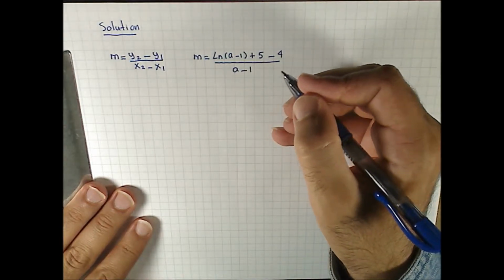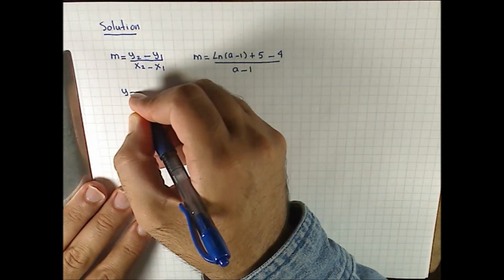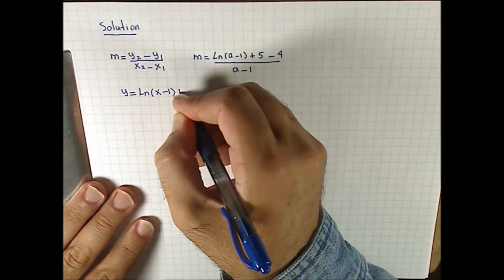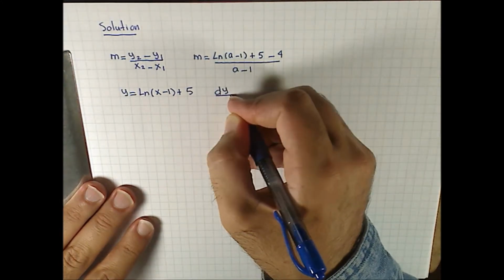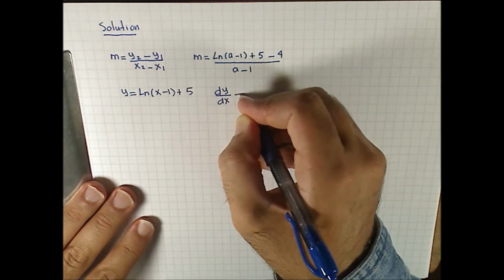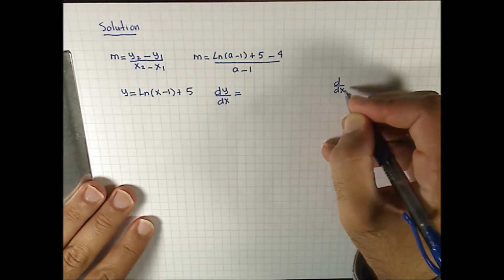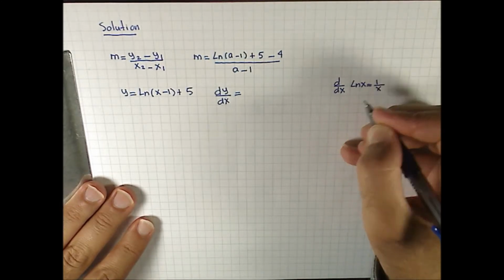Okay, now let's take the derivative of the function, which is y equals log of x minus 1 plus 5. dy dx is equal to, derivative of log x is 1 over x. So d dx of log x is 1 over x.